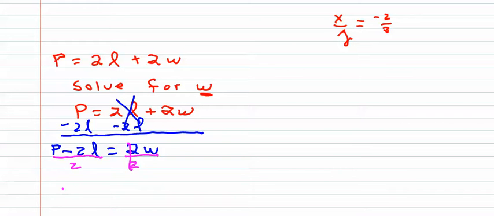That cancels, and I'm left with W equals P minus 2L over 2. All right? We're just isolating the variable.